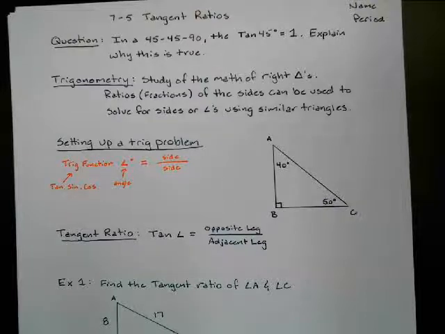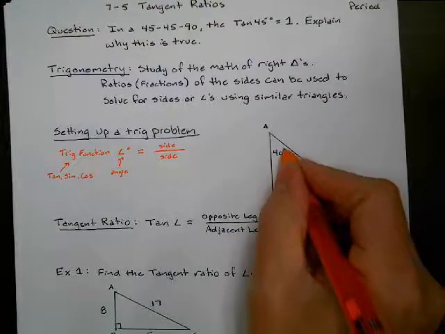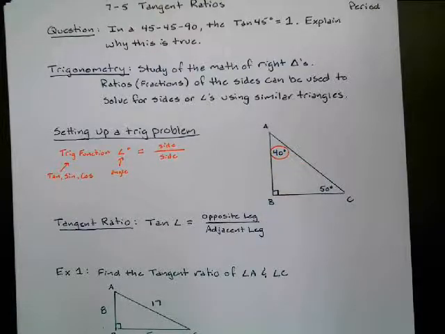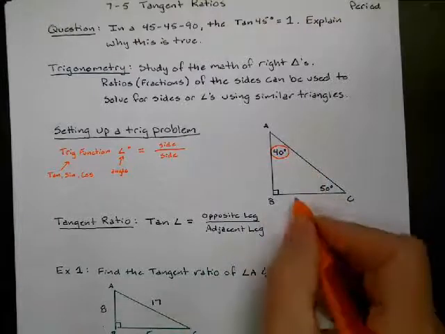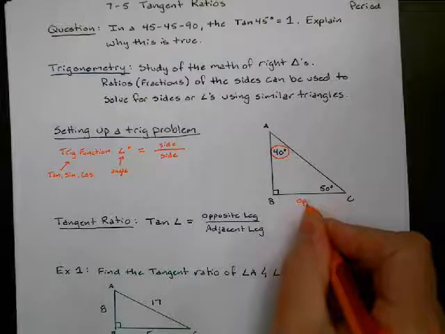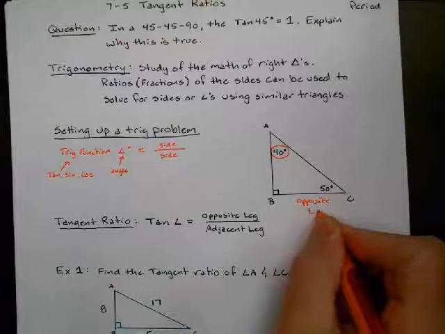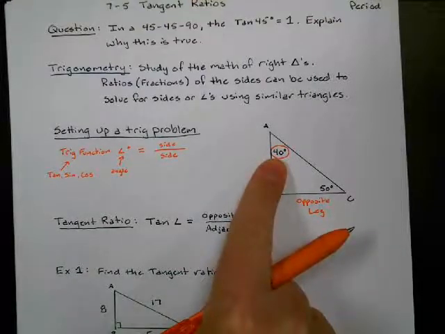Okay, so let us say that I am looking at this 40-degree angle. If that's the 40-degree angle, we would call this the opposite leg, because that's the leg that is not touching that angle.